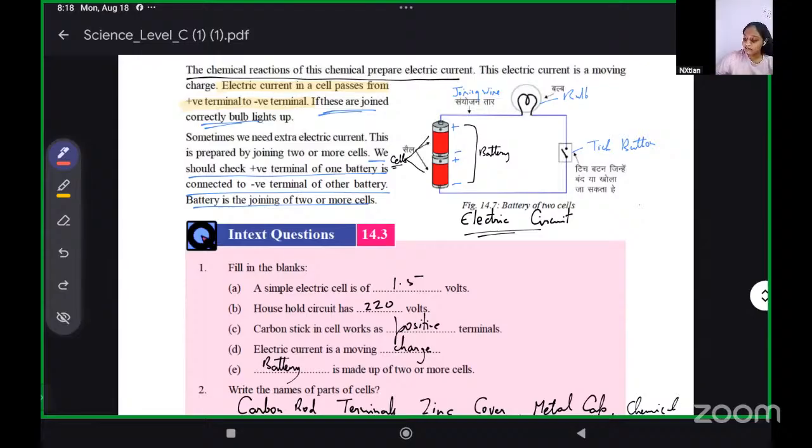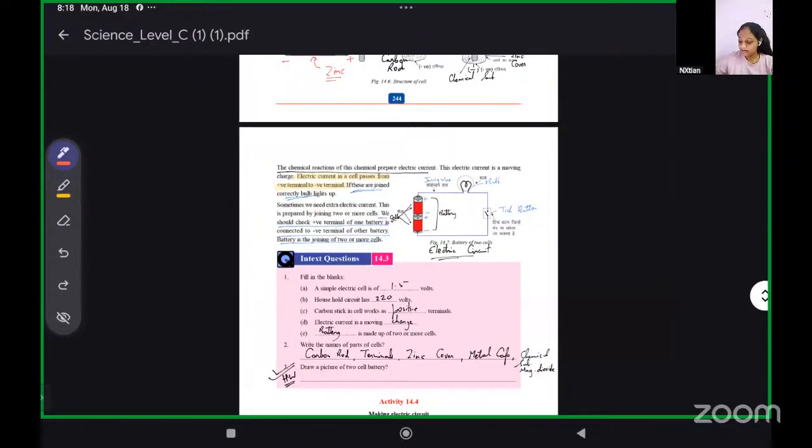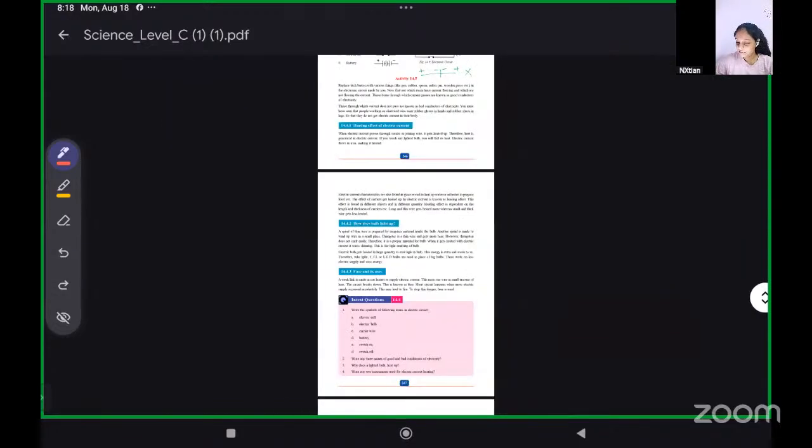Now, this diagram that I have made here, there is this battery.